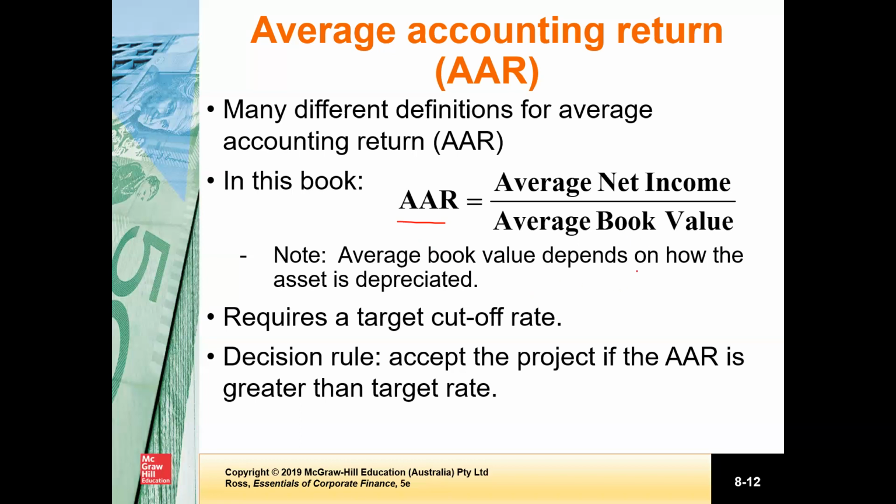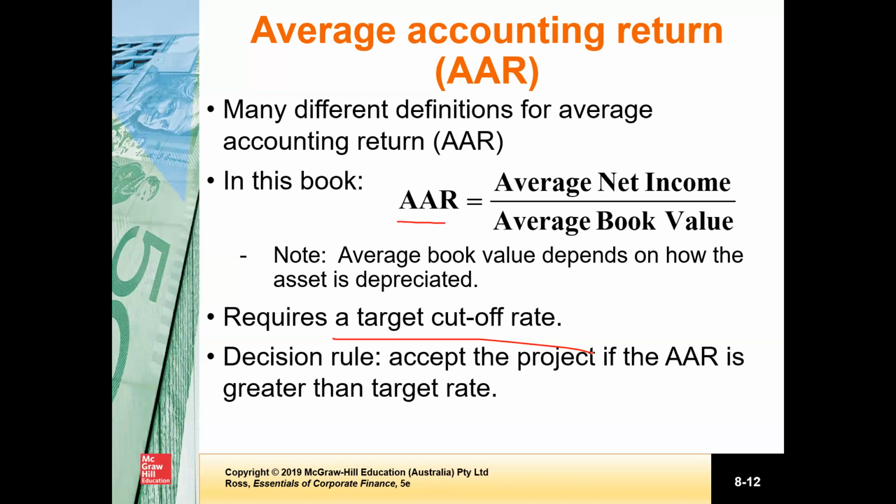And you know that book value calculation depends on how an asset is depreciated. And it also requires a target cutoff rate. So companies usually will have a certain rate of return that a company wants to earn on a project, so it could be a required rate of return.